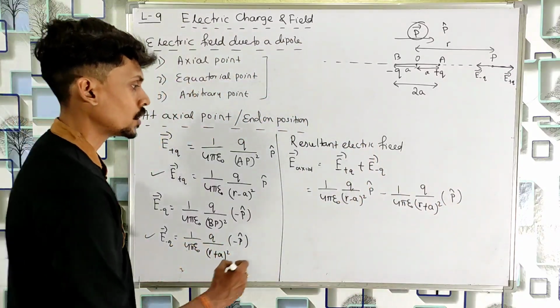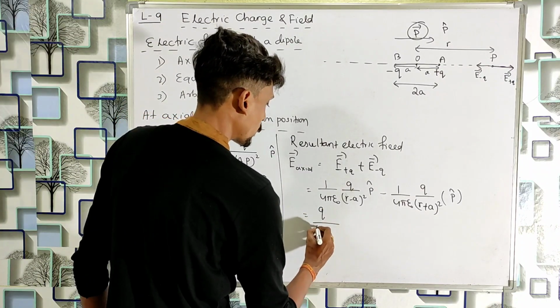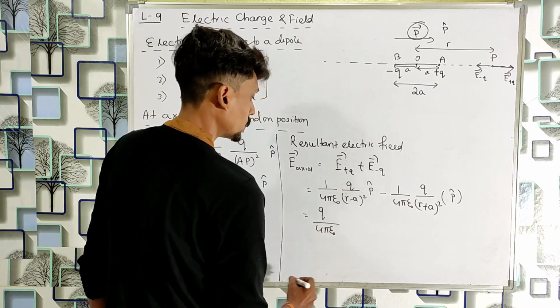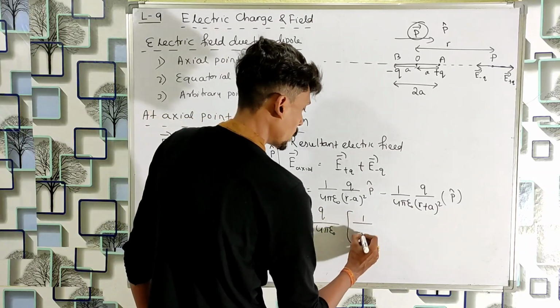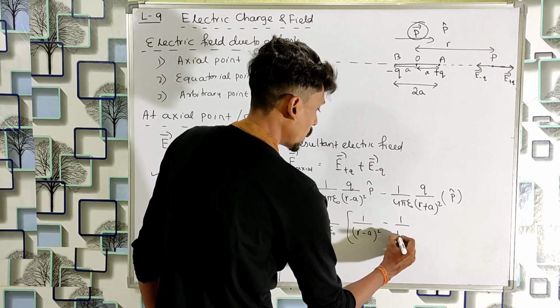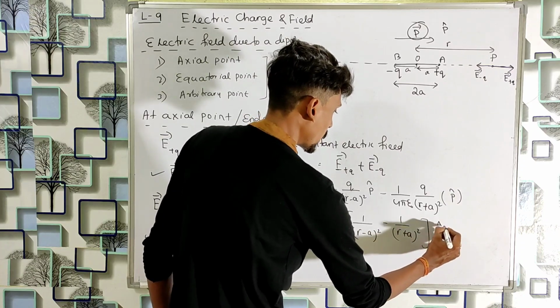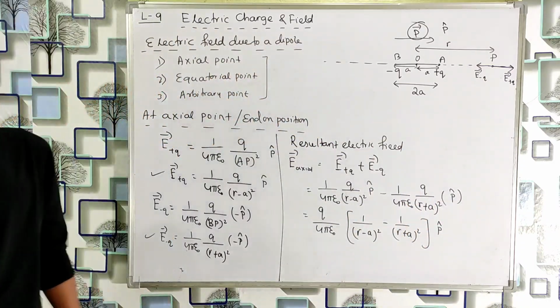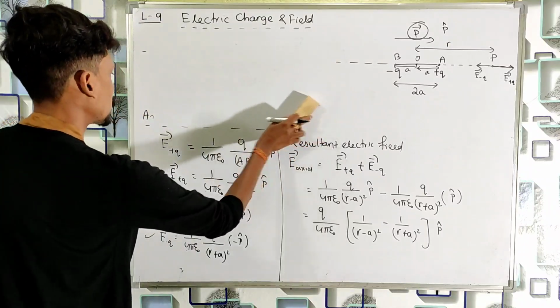Okay, so now you can take Q by 4 pi epsilon naught common. Inside the bracket you will have 1 by R minus A whole square minus 1 by R plus A whole square whole into P cap. Is that clear? So now let us simplify this expression.